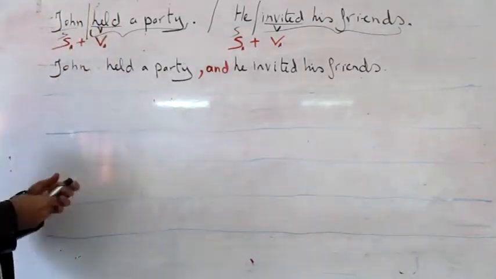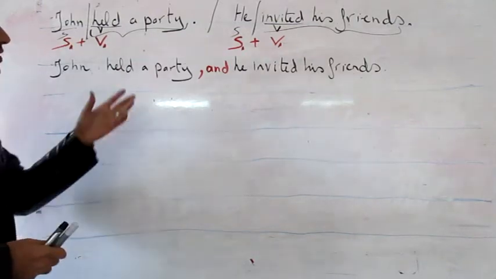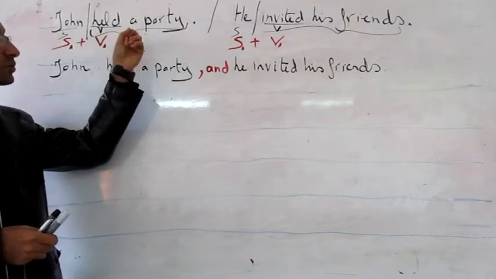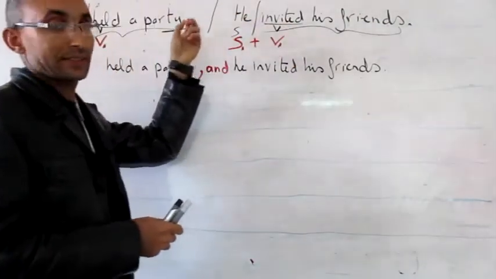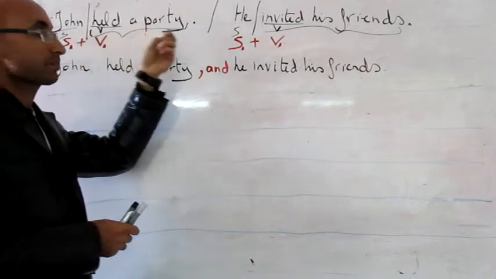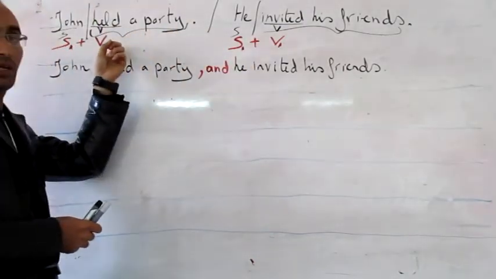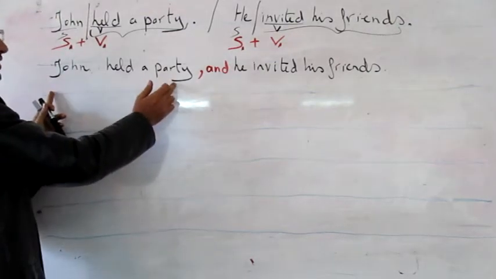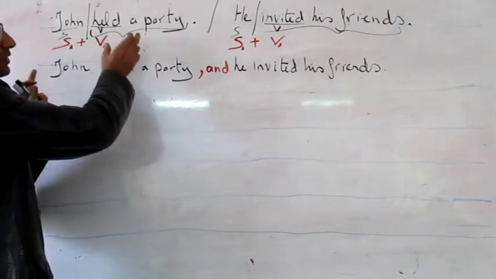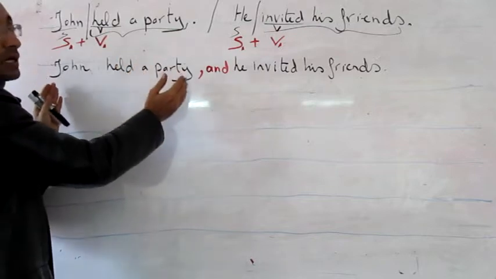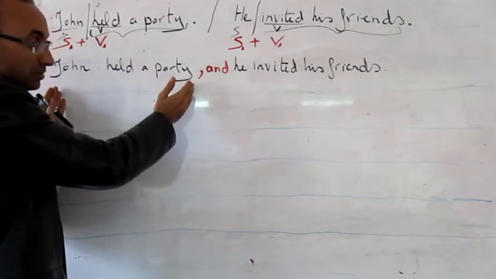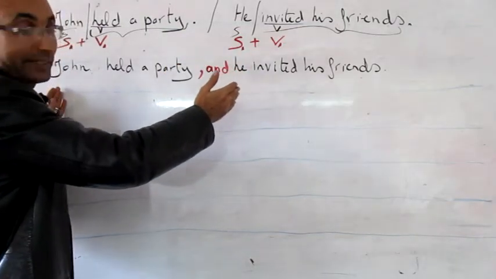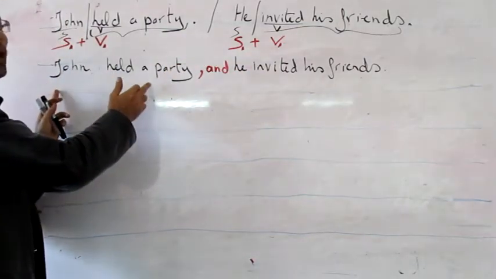So here, what do we have? Previously, when they were separate, I called them two simple sentences, S plus V and S plus V. But when a simple sentence becomes a part of another sentence, it is now called a clause.